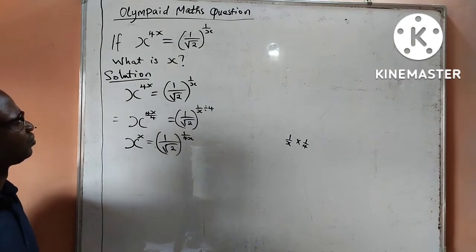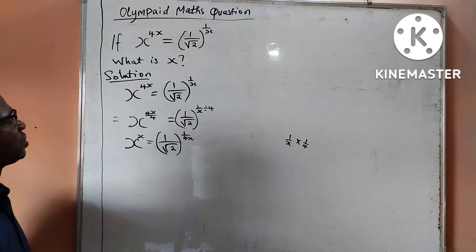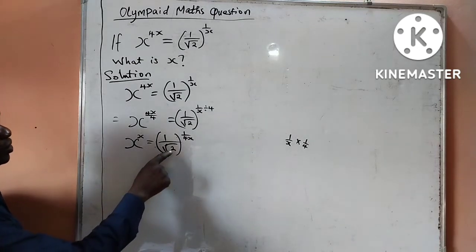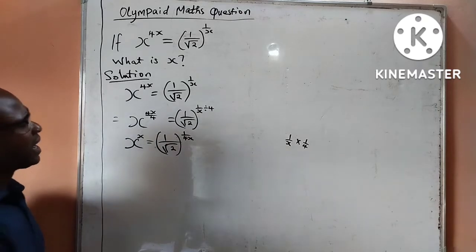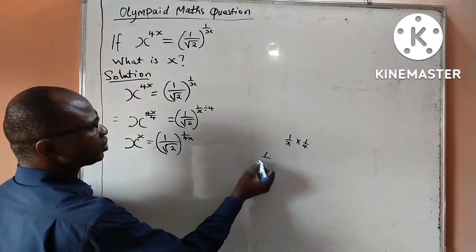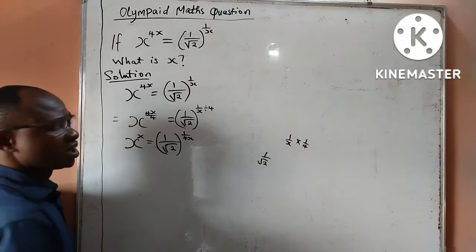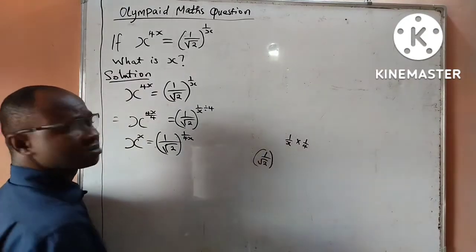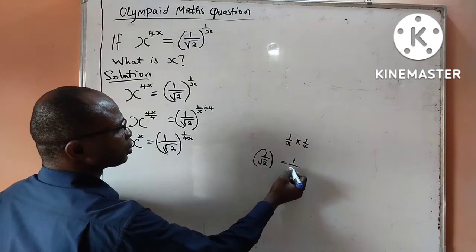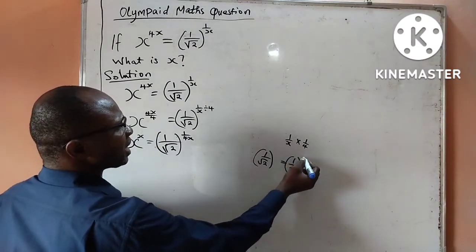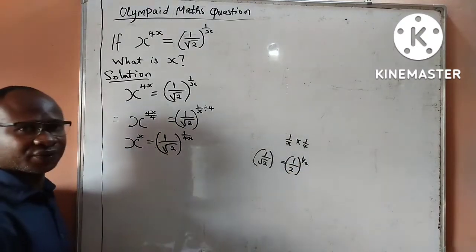The next thing we can do here is remove this square root inside the bracket. You know with me that 1 all over root 2 is the same thing as 1 all over 2 all raised to the power 1 over 2. Beautiful.